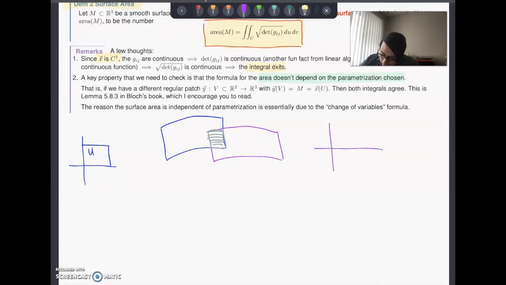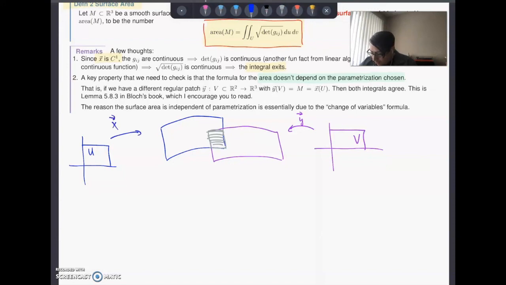Let's call this V, and we have parametrizations. Let's call it Y arrow for our patch, and this blue one will be X arrow for our patch of U onto what I want to call this intersection. Let's call this the surface we're interested in, and this will be the overlap of X(U) intersected with Y(V).